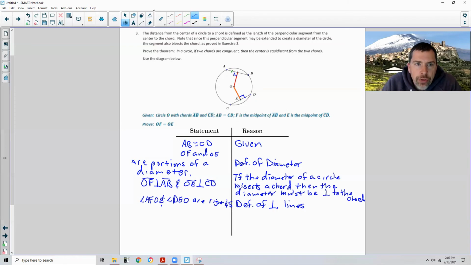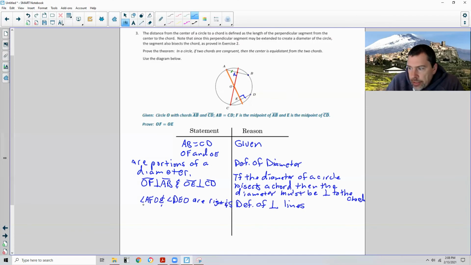Okay, and if I form a triangle, let's extend these like they said to do. There's a diameter. And then I extend this to the edge like so, through the center to the other end there. Now you see that we have a triangle AFO.